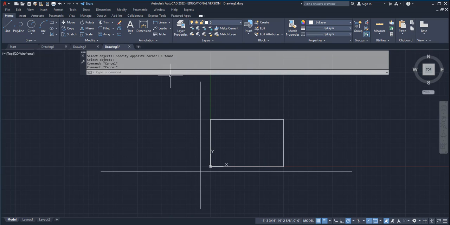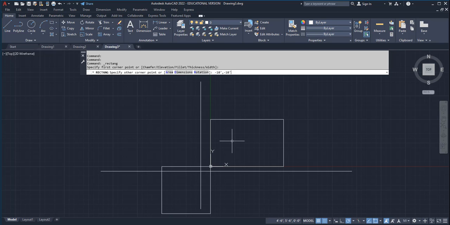Okay, likewise, if we drew a rectangle from the 0 coordinate, and we say negative 10 foot, comma negative 10 foot, it's gonna, oops, I forgot the foot mark. Do that quickly again. From here, we'll say negative 10 foot, comma negative 10 foot, enter.